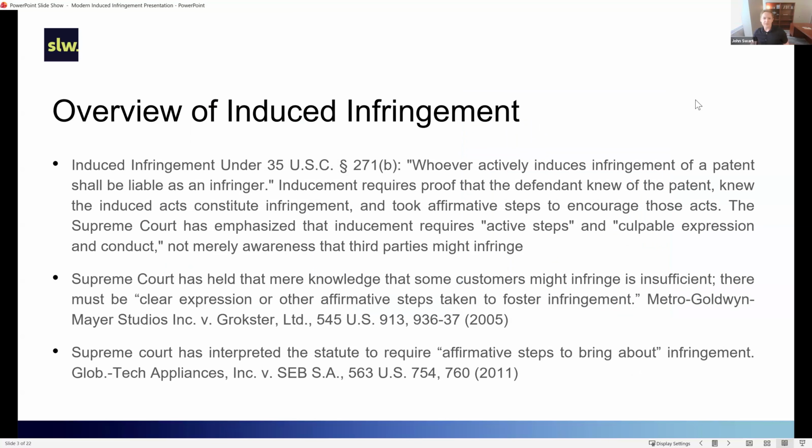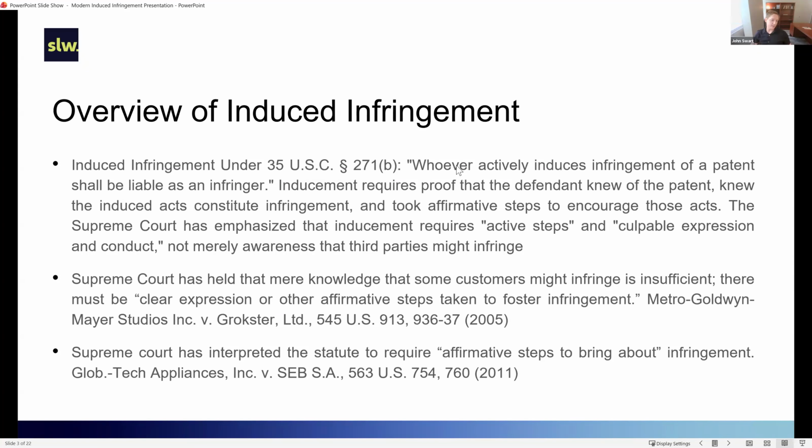So let's start talking about just what induced infringement is and where it comes from statutorily. Induced infringement is a provision of patent law that implicates someone who maybe doesn't fulfill every step of a method claim in an infringement case.